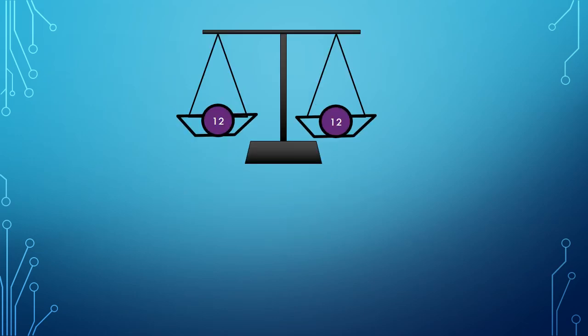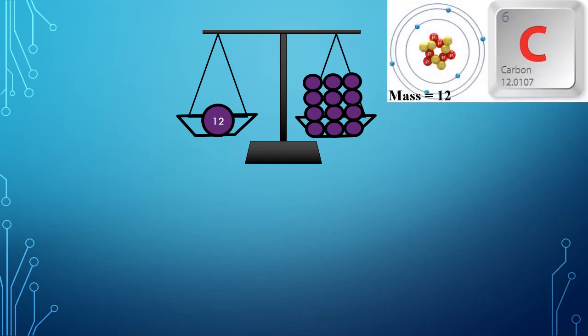Now if we divide this carbon atom into 12 equal parts or 12 equal units like this, you can see the balance is still in equilibrium because these 12 units still make a total mass of 12. Always remember, we divide carbon-12 into 12 equal parts or units because it has mass number 12.